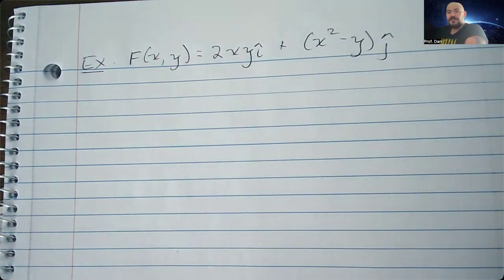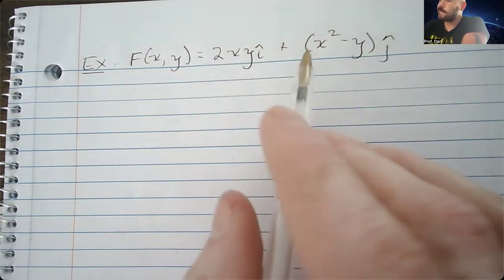So first thing, before I go about trying to find a potential function, I should probably look at this and make sure that there actually is a potential function. Meaning I'm going to check and see if F is conservative. Because remember, if F is not conservative, then it wouldn't make sense to try to find a potential function, because that would mean that F is not the gradient of anything.